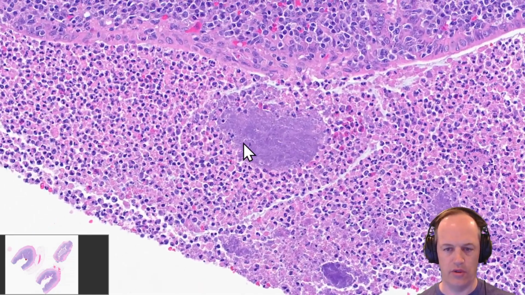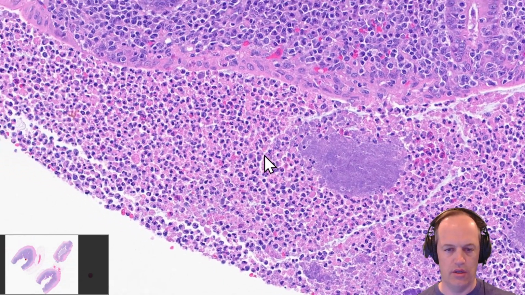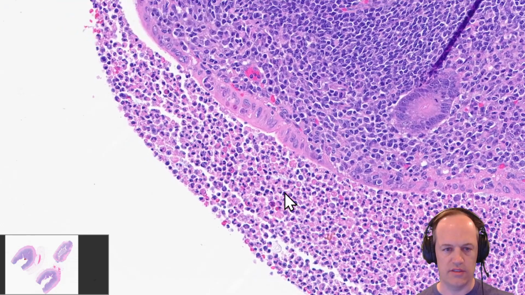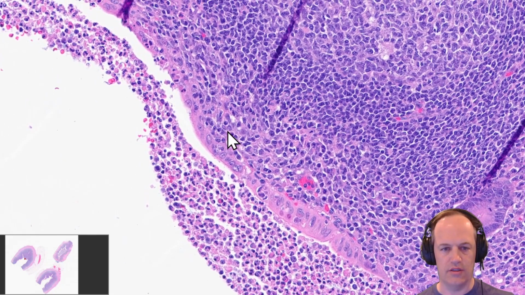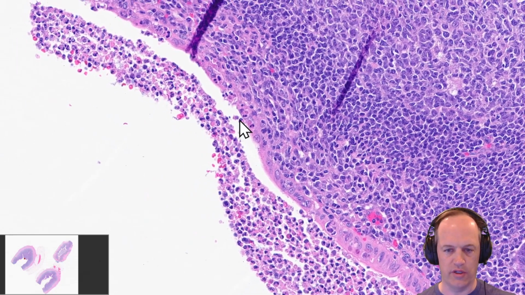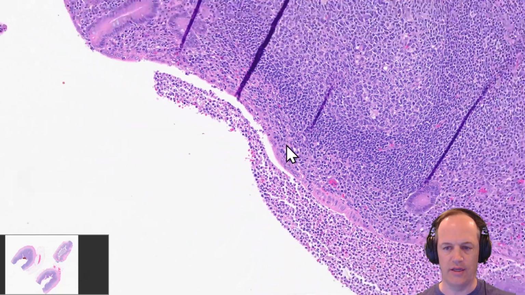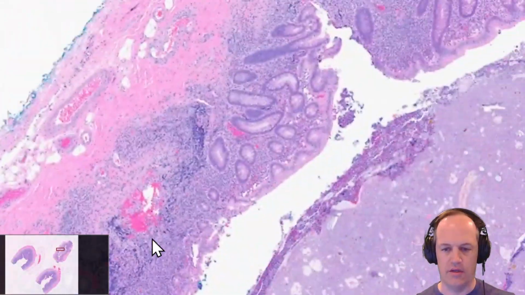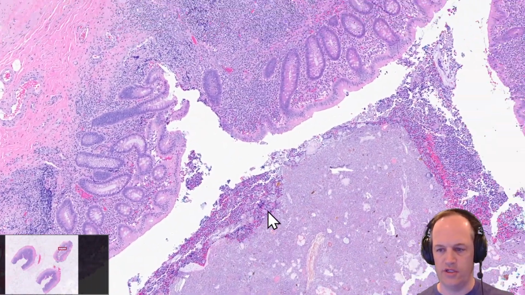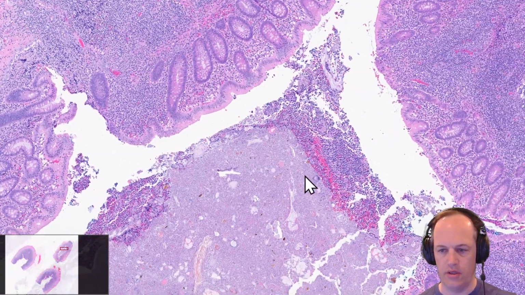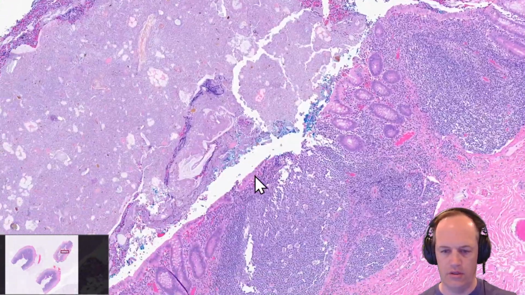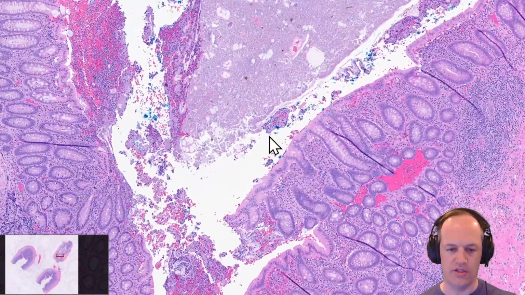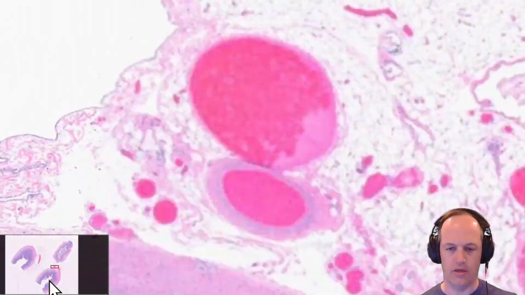You can see fibrin, you can see bacteria, you can see neutrophils, histiocytes, kind of sitting on top of the mucosa. And you'll probably find some areas where there's neutrophils that are getting into the epithelium. But in this example, that's really the extent of any inflammatory changes. You see there's some fecal material here. So really minimal changes and just this kind of luminal exudate.